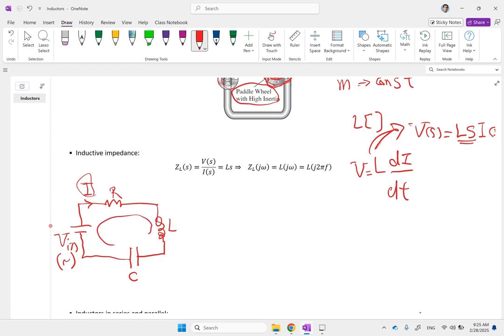If I use Kirchhoff's voltage law, that is V in minus the voltage drop across the resistor, which is Ri, minus the voltage drop across the inductor, which is L di over dt, and for C it is 1 over C integral of I dt. So if I want to do it in differential equations, it is going to be like this.